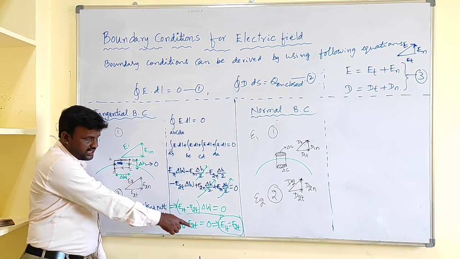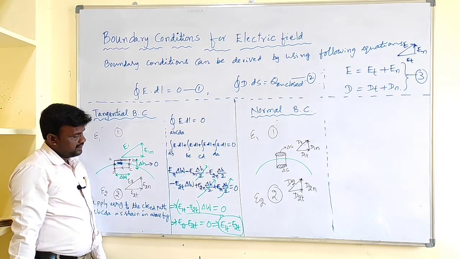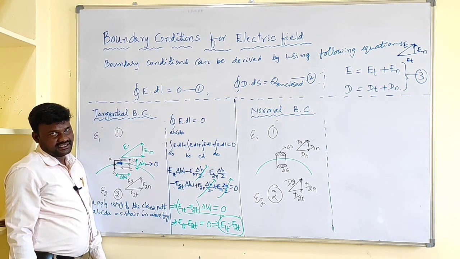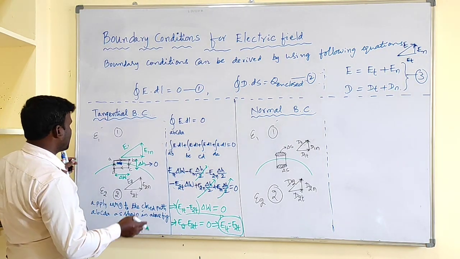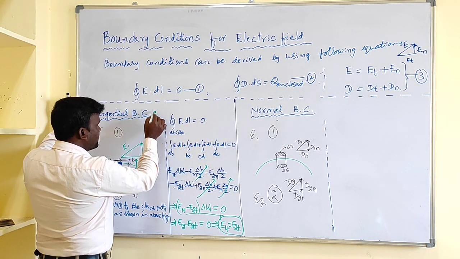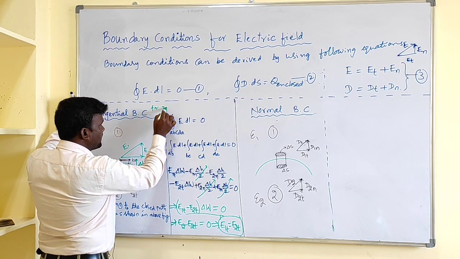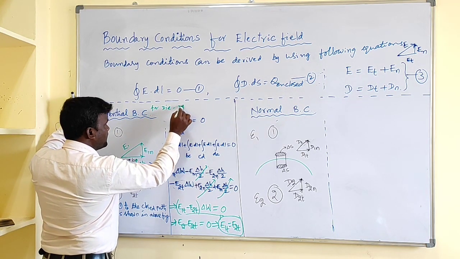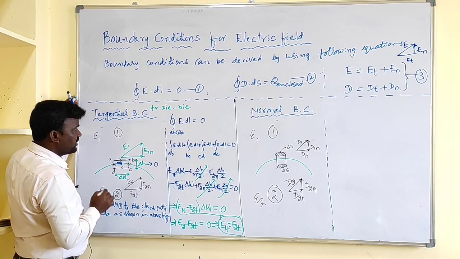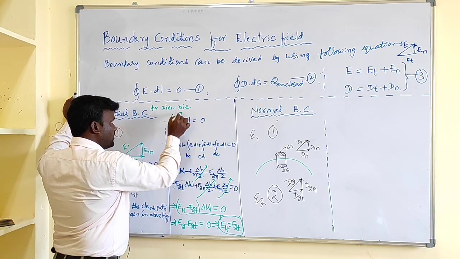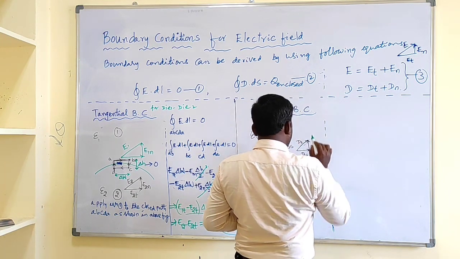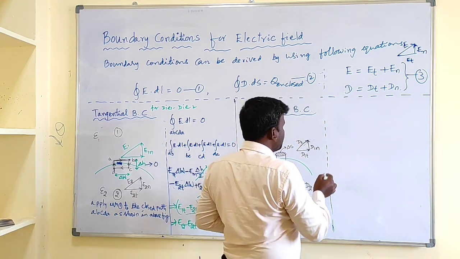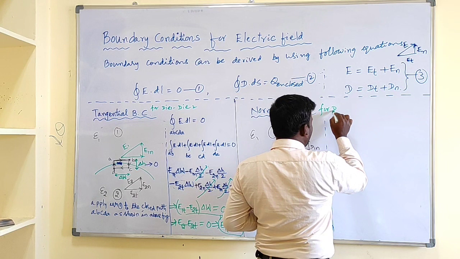There is no change in the tangential components of the electric field intensity. Okay. So this is basically the tangential boundary condition for a dielectric medium. That means the first medium is dielectric and the second medium is also dielectric, that is dielectric 1, dielectric 2. And next, normal boundary conditions for dielectric.